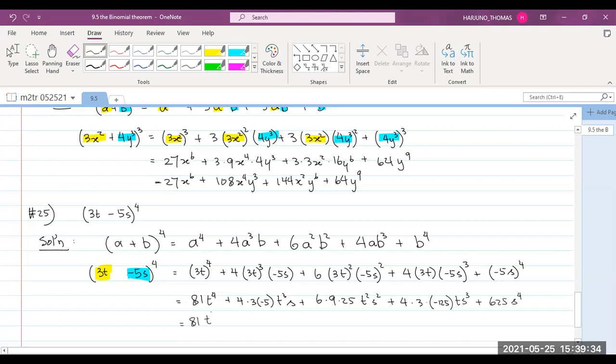Or I can even say this is arithmetic. Negative 60 t cubed s plus 150 times 9 is what? 135.